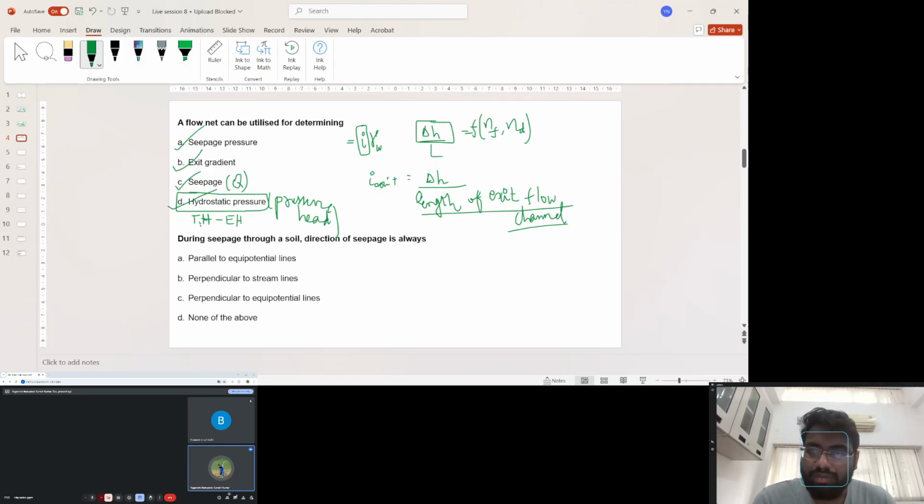There is a problem which we will be solving either this week or in the next week initially, so that with that problem you can understand how pressure head varies when the flow takes place through the soil. All right. So all the four can be estimated by using a flow net. So the right options are all the four. It is a multi-select question. Any doubts?